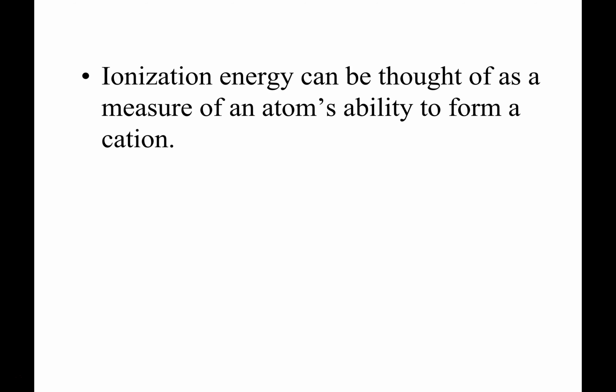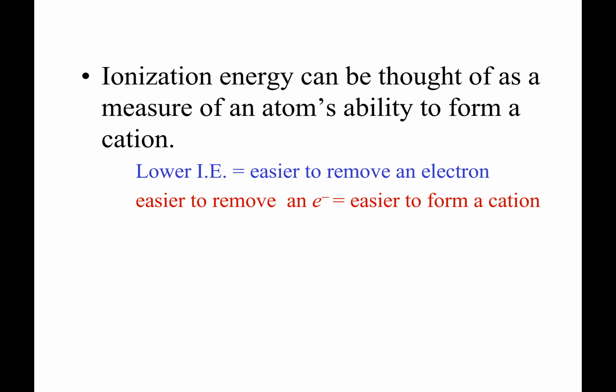So if you're taking an atom and you're pumping it with energy to kick off an electron, which sort of atoms want to do that? Well, we said that metals want to kick off electrons, so they're going to have relatively low ionization energies. Non-metals, they don't want to kick off electrons, they want to bring in electrons. So we're going to see that they have high ionization energies.